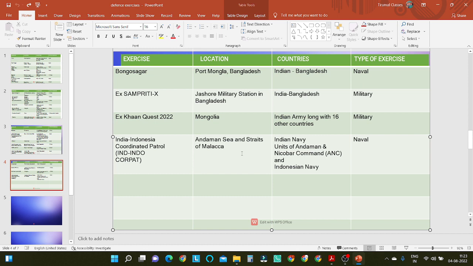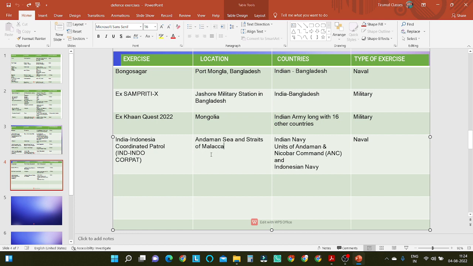Like now we are seeing the India Indonesia coordinated patrol. In this we have one important place, that is Strait of Malacca. Now you should relate the Strait of Malacca, like you should point the location of Strait of Malacca and the definition of strait. What is meant by strait? You should also know the definition of strait, and you should remember that it is a naval type of exercise.